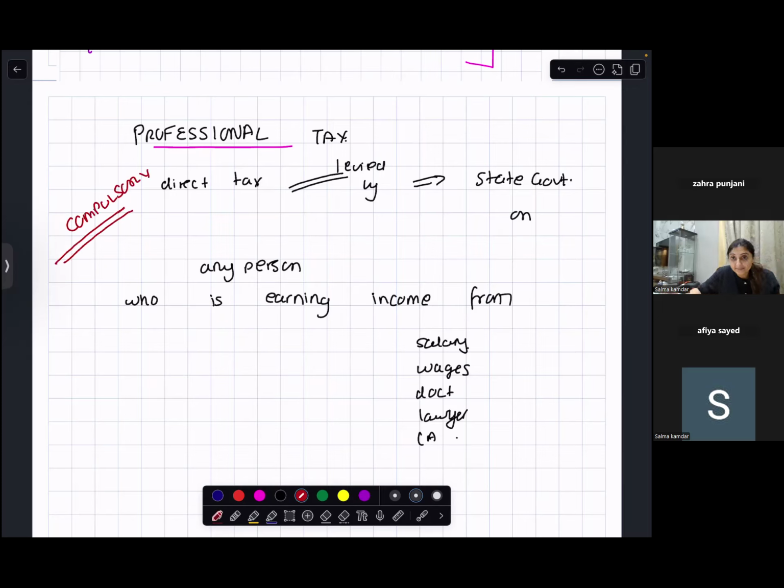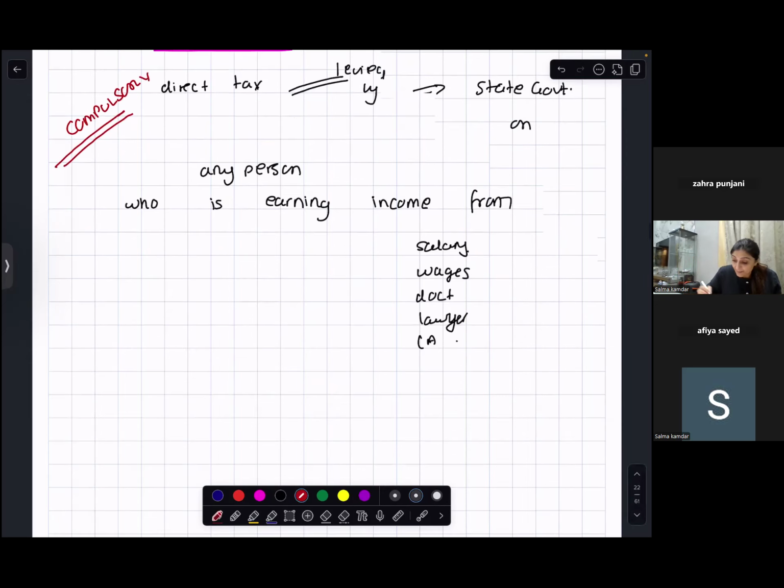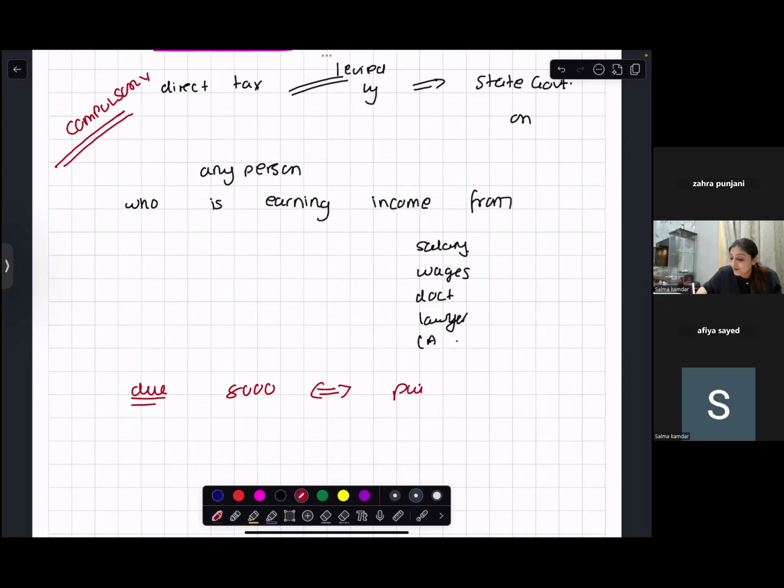Are you with me? Since this is compulsory, the government says we will allow you some deductions on the amount that you have actually paid. Suppose the professional tax due is 8,000 and this person has paid 5,000.